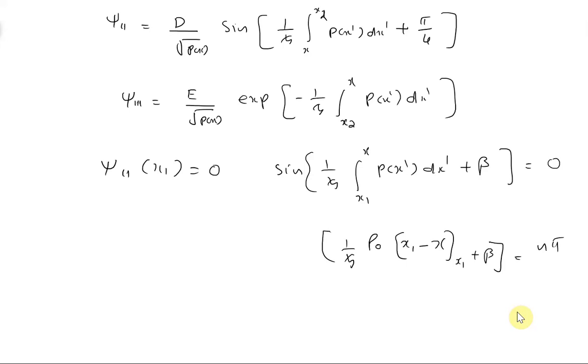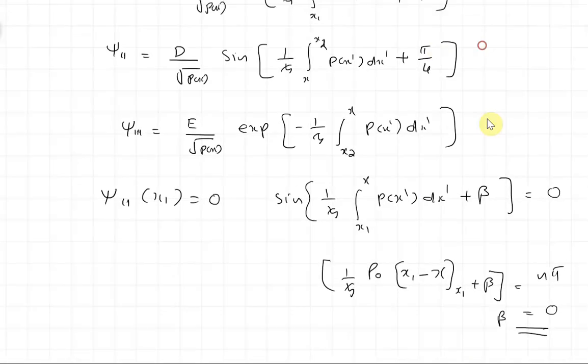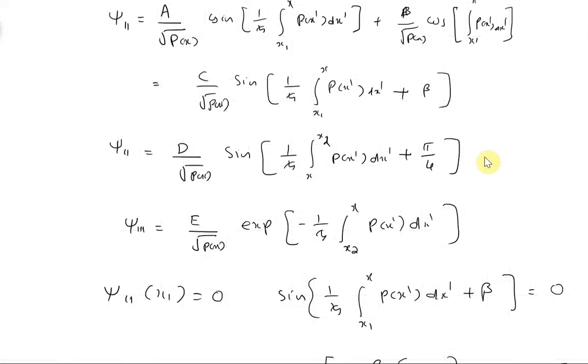When you put this x1 value over the limit to the x, that will become 0. This quantity is going to be 0, and that indicates that your beta is going to be n pi. It's a constant, right? You can choose any value, and the least value is 0, corresponding to n equal to 0, and you can just take that value. That means there is no phase quantity here. Beta is equal to 0. So our wave function form for psi 2 will not be having this beta term.